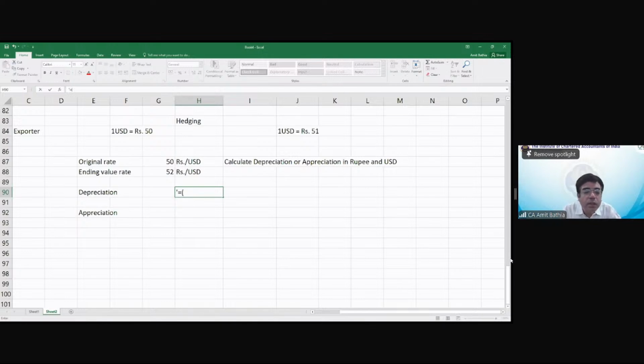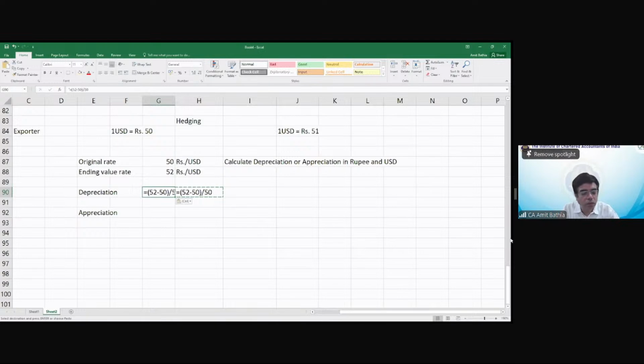S minus F, forward rate. Okay, so you are talking about 52 minus 50 upon 50. Is that what you're saying, madam? Yes, sir. So is this for depreciation or appreciation? Depreciation in rupee. This will be for depreciation.